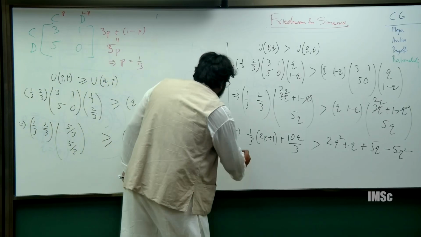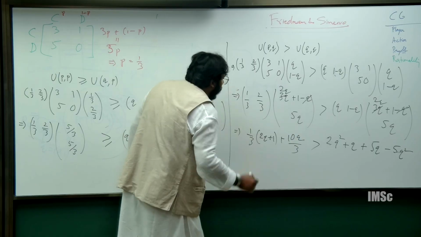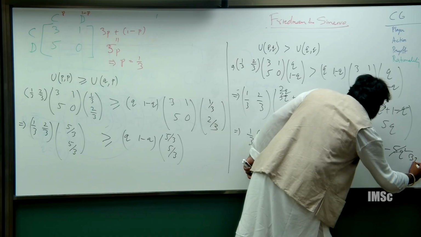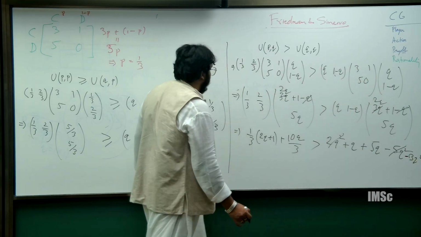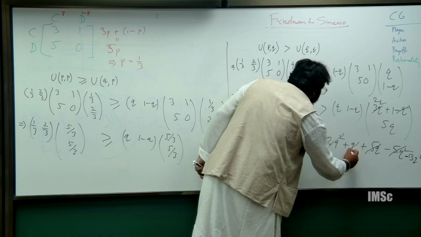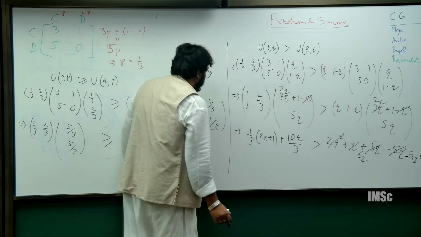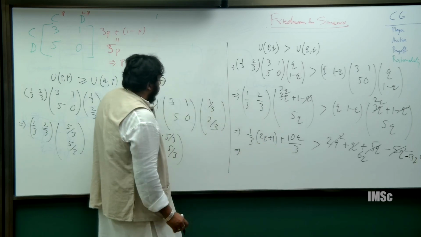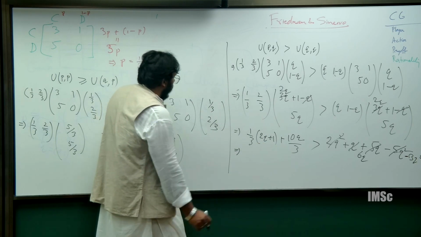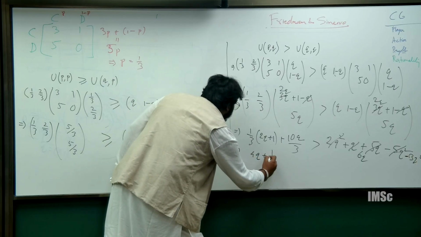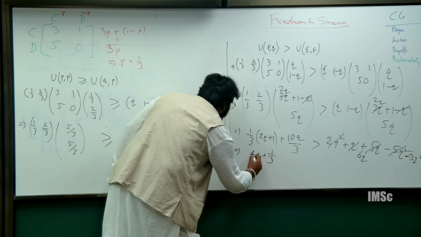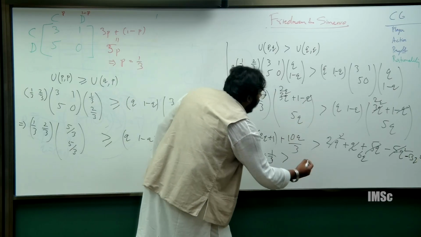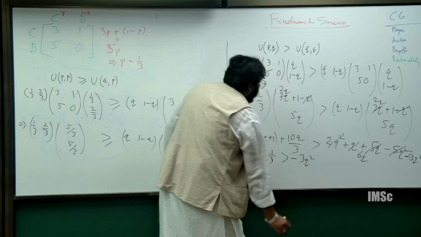Right. Okay. This goes 3q square minus 6q. This gives me 12, 4q plus 1/3. So, 4q plus 1/3 is greater than... please let me know if I have already made a mistake.